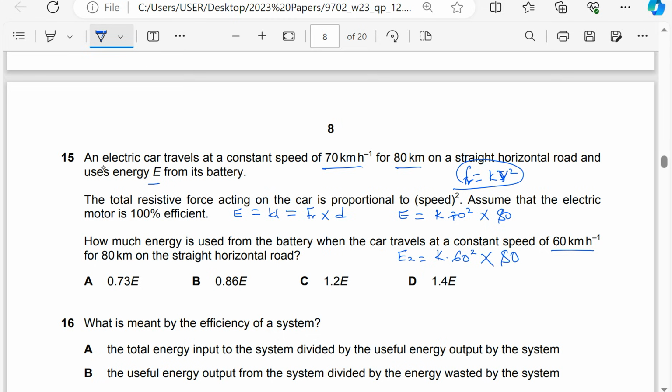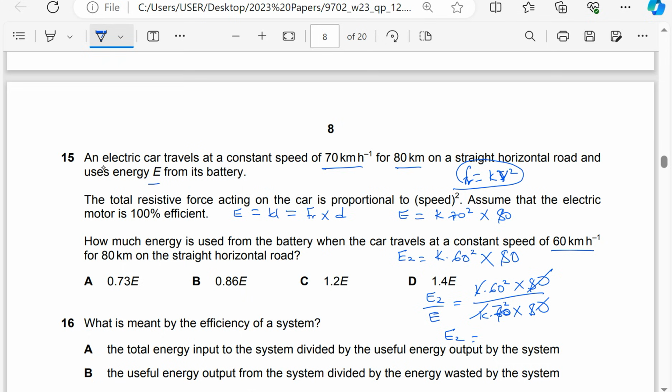So we have two equations. I'll just divide them to simplify life. So E2 over E is going to be equal to K times 60 squared times 80 divided by K times 70 squared times 80. K cancels, 80 cancels.